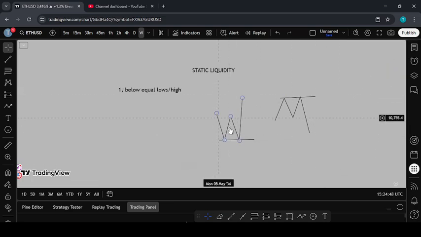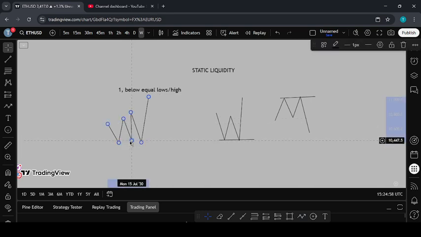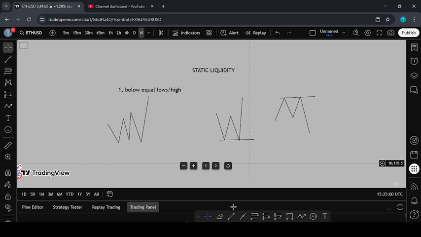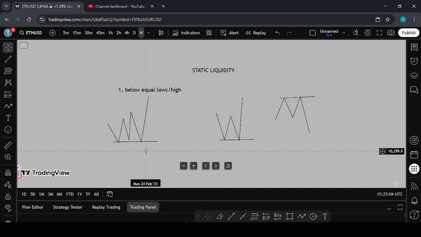You can also have triple bottom lows, not just two equal lows. You can have price create a triple bottom like this, or triple tops. When we SMC traders see this kind of thing and the market is coming towards a triple bottom or triple top, we don't enter our trade here. We want to run away from those trades, because the market will always want to sweep it out.